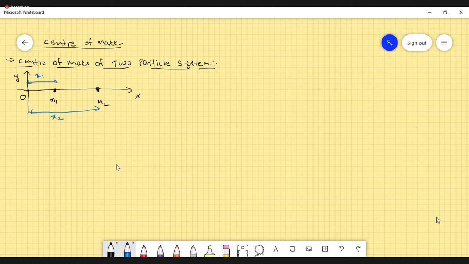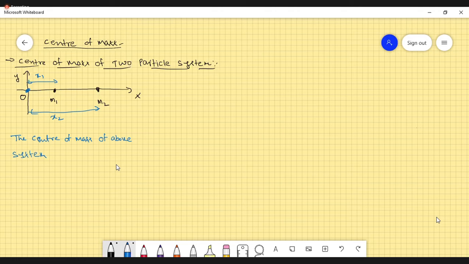Now the center of mass of the system, from the origin at this point, we consider the center of mass of the above system. It is only x coordinates I'm talking about.